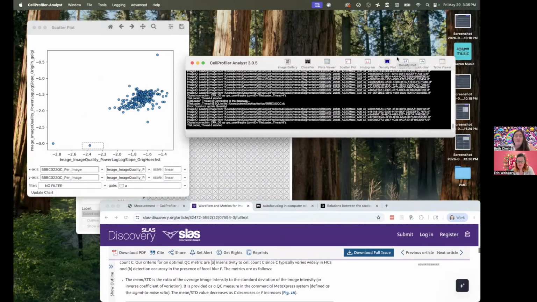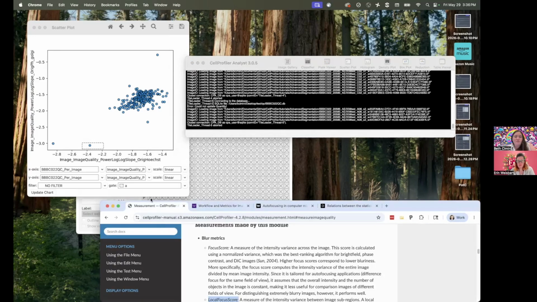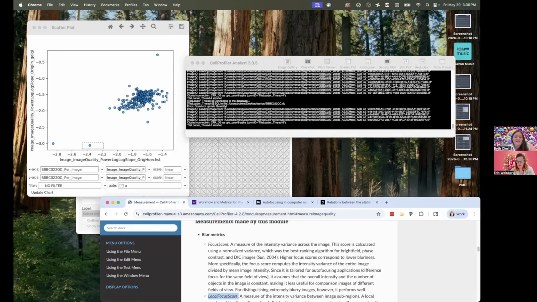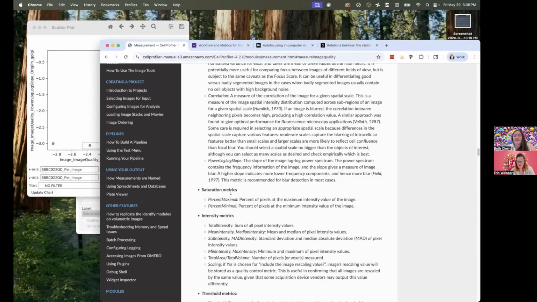But a couple of things that I want to point out are just that generally speaking, when you are doing these, it's hard to draw hard cutoffs. A counterexample is you might be able to draw a hard cutoff and say if more than 2% of my image is saturated, I think there's too much saturation.